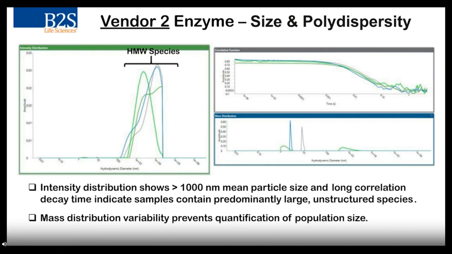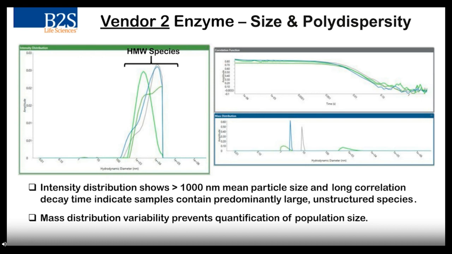So moving on to the vendor 2 data set, you can see that the hydrodynamic diameter is shifted much to the right, indicating that there are a large portion of rather large particles in this material.